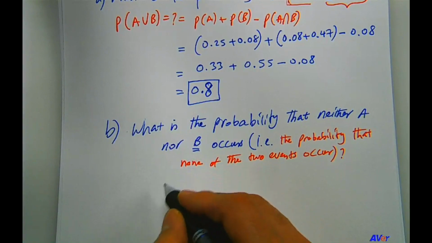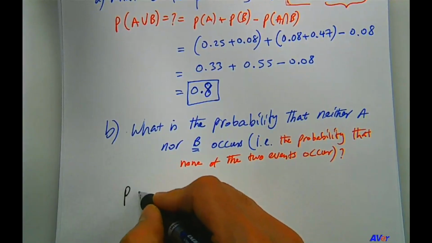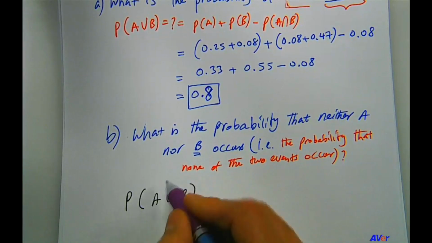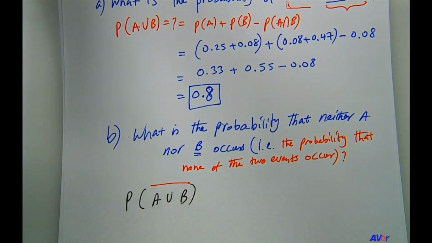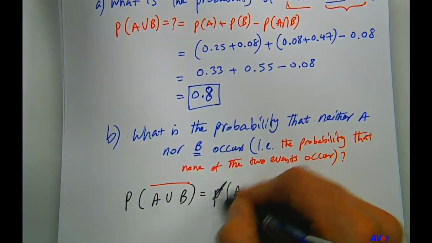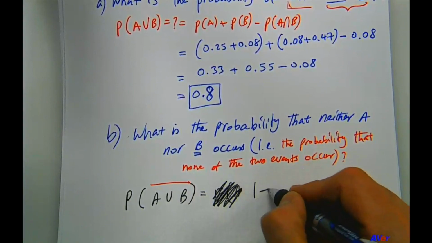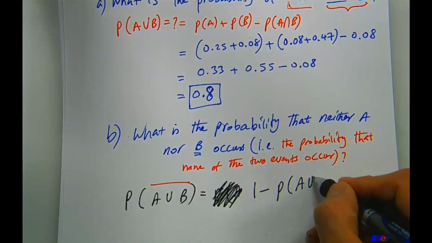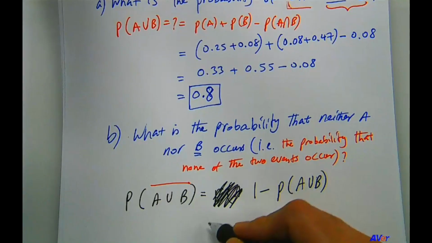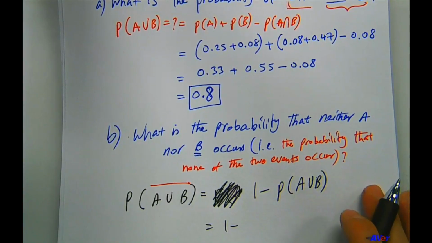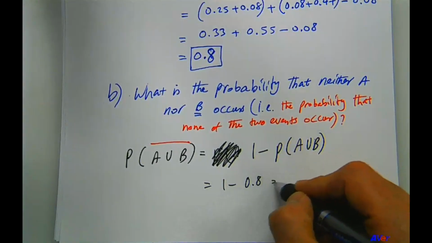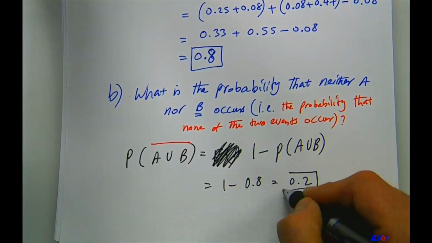So then we can easily say that's probability of A union B bar, this bar means the complement of A union B, is equal to 1 minus probability of A union B, right? Because it's a complement of A union B. So 1 minus 0.8 is equal to 0.2.